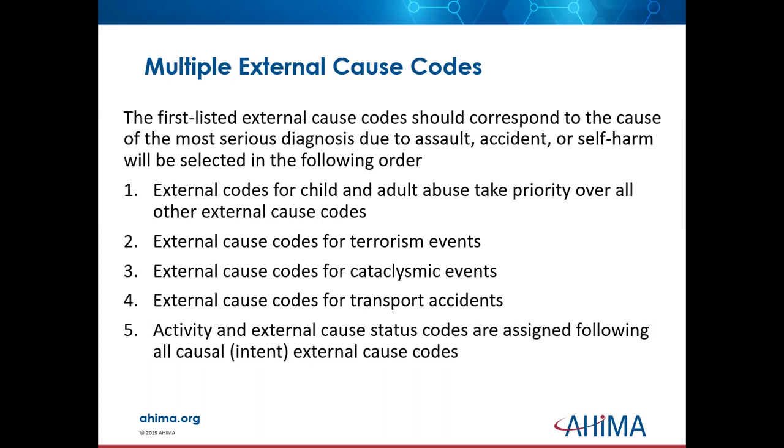Traffic accidents then follow, and traffic accidents take precedence over any other external cause codes. Transport accidents are relegated below the cataclysmic events external cause codes, the terrorism events external cause codes, and the child and adult abuse external cause codes.